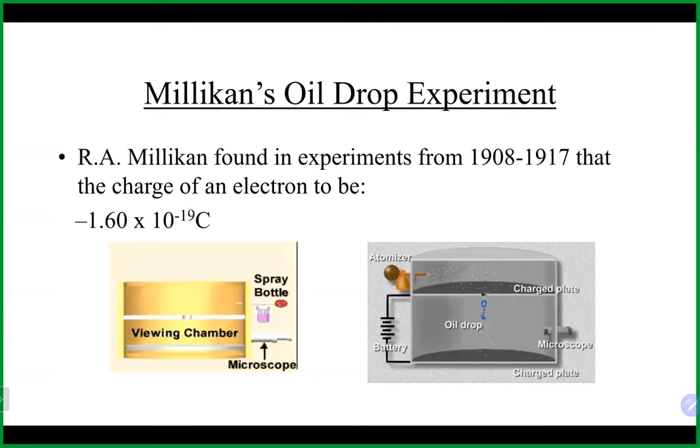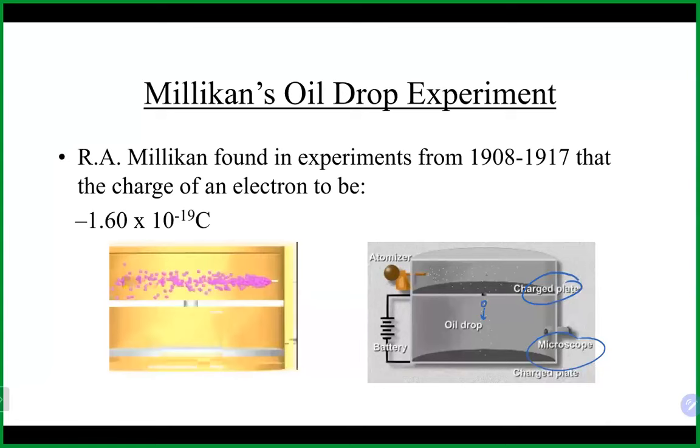In this chamber he had an electrical field, and he was able to adjust the electrical field in such a way that the oil droplet could just hang there. It didn't go up, didn't go down. He was able to really dial in the charge on it. And from that, he was able to figure out the actual charge on an electron.